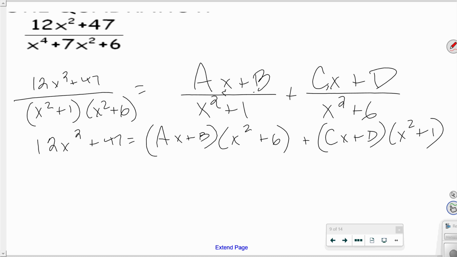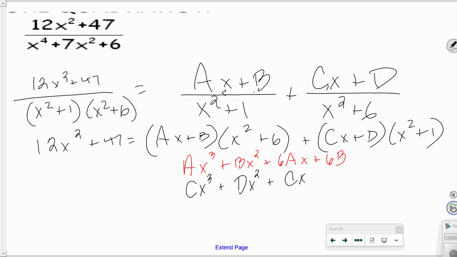Again, I'm just telling you, I'm not an any-number person. I always go for matching. So if I'm going to go to matching, I'm going to multiply out ax cubed plus bx squared plus 6ax plus 6b. When you multiply, try to write it in descending order. So plus cx cubed plus dx squared plus cx plus d.